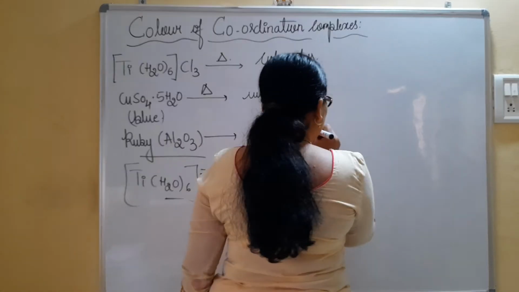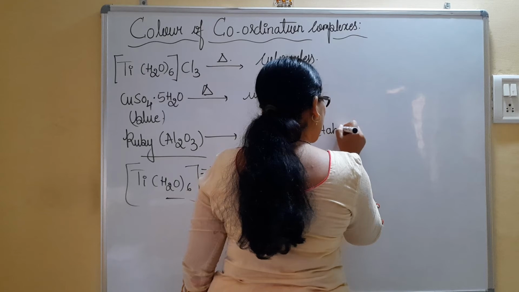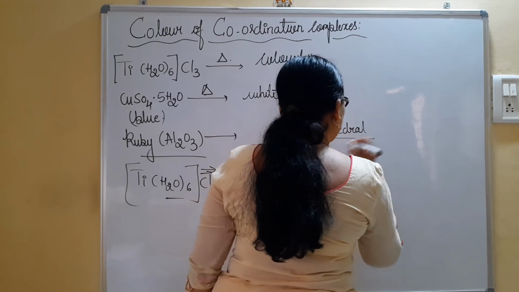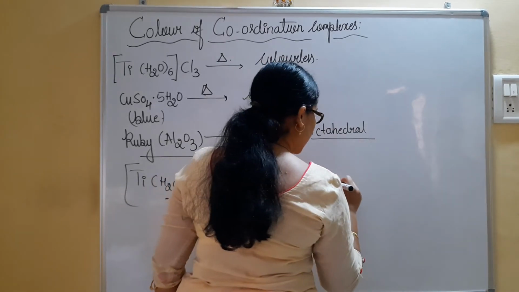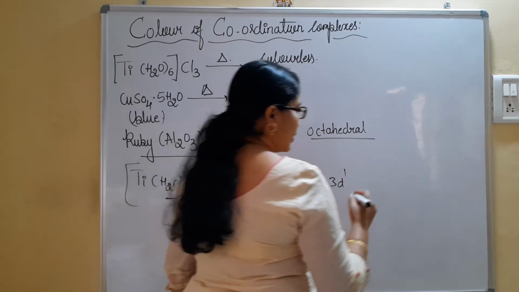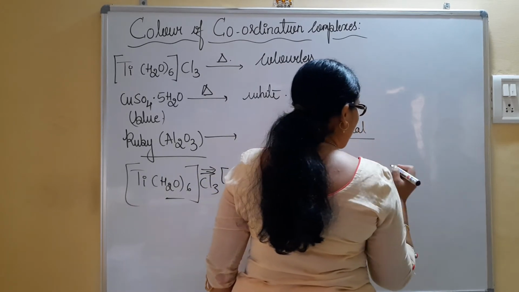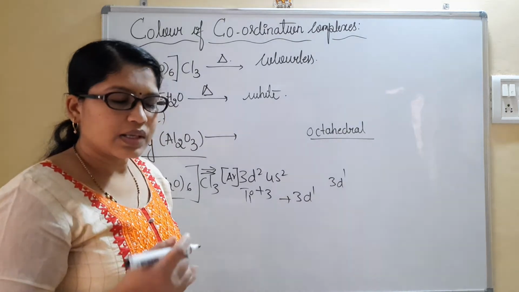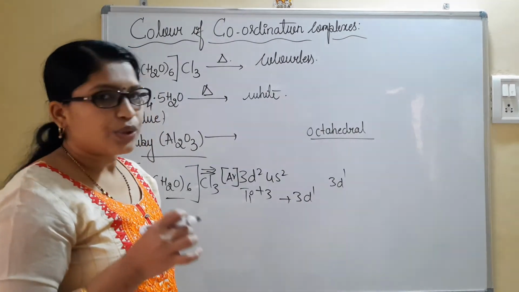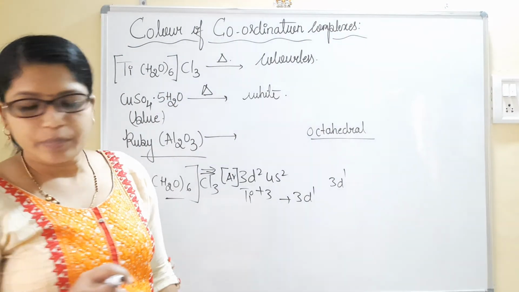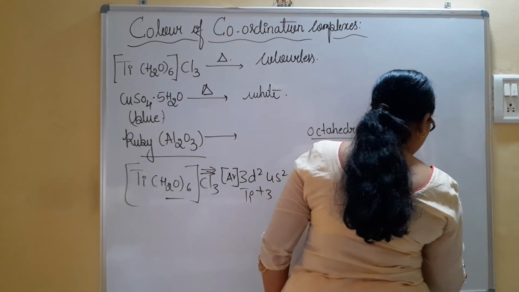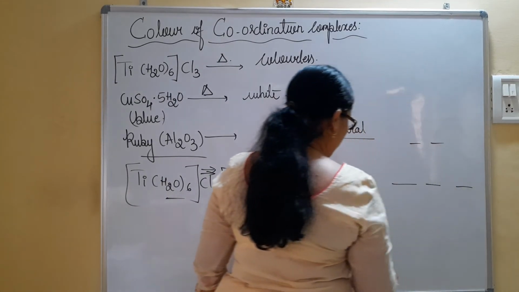Now, let us consider octahedral complexes. When you consider octahedral, there are 6 ligands present. 3d1 is there. In the sense, we will have octahedral complex splitting. We have seen t2g, eg. We will be considering 3 orbitals here and we will be considering 2 here. Only 1 electron is there.